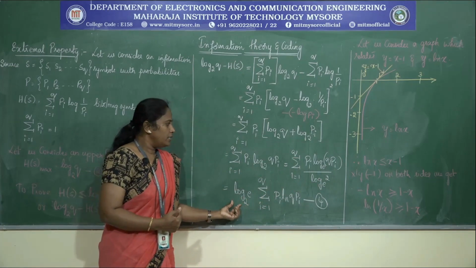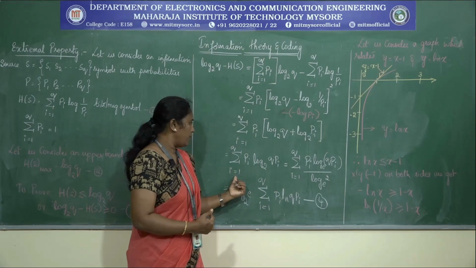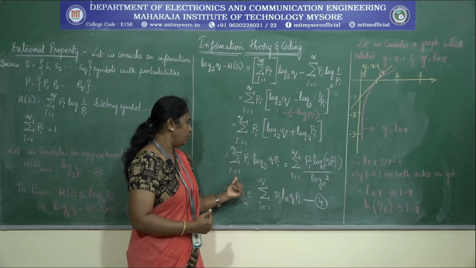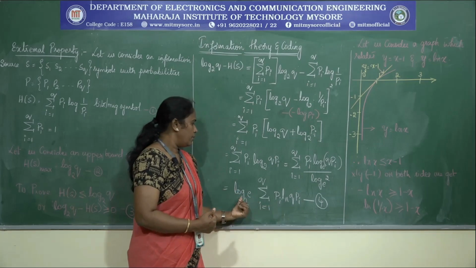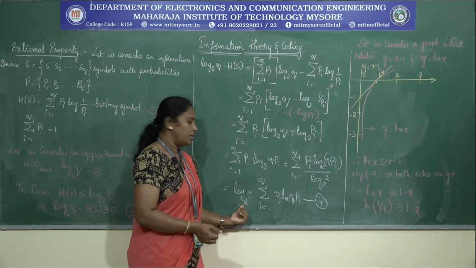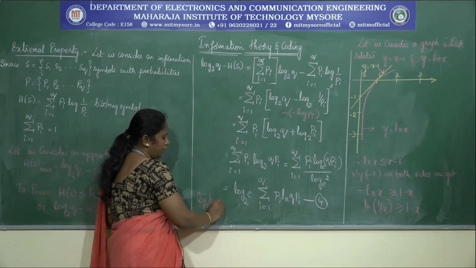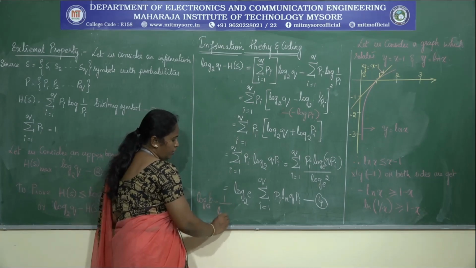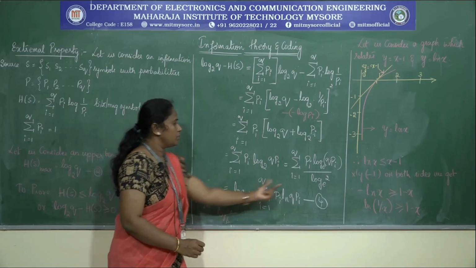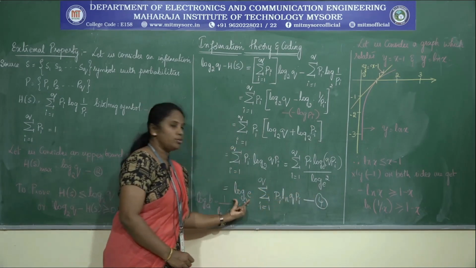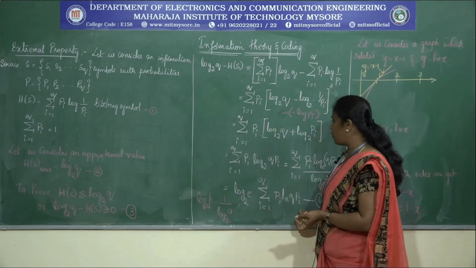Then in this equation, we have summation of i equal to 1 to Q of Pi ln of Q into Pi. The base gets changed because log of A to base B can be written as 1 by log of B to base A. Considering this, the equation gets changed to this one, which we have represented as equation 4.